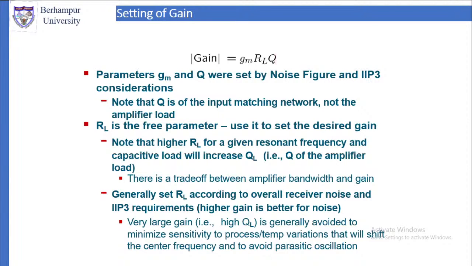Higher gain is better for noise, that we know. So very large gain or very high QL is generally avoided to minimize sensitivity to process or temperature variation, which will shift the center frequency omega 0, and to avoid parasitic oscillations. We don't require parasitic oscillations, we require the tank circuit to oscillate only.